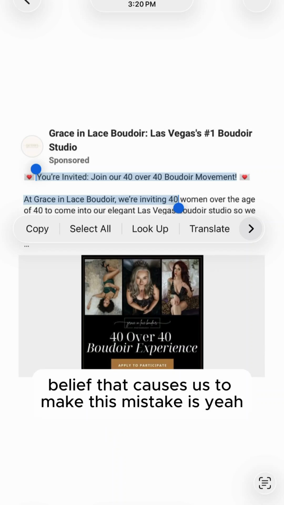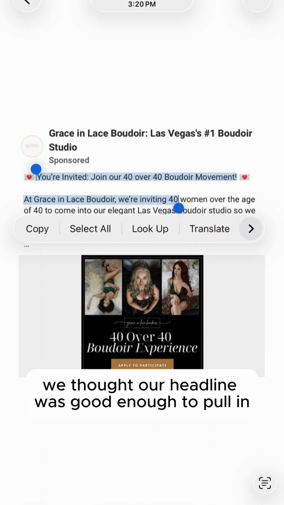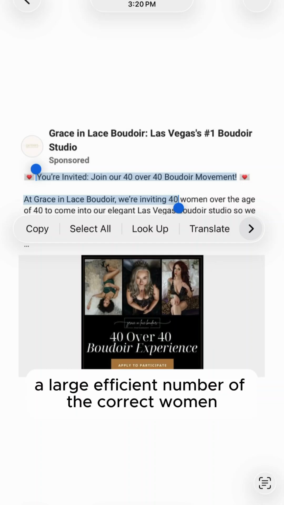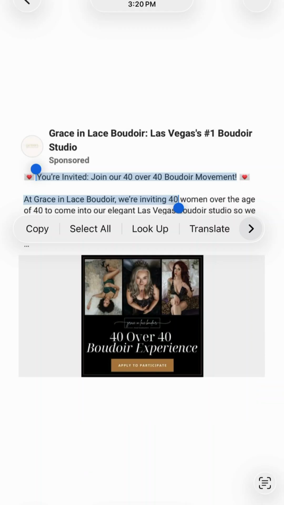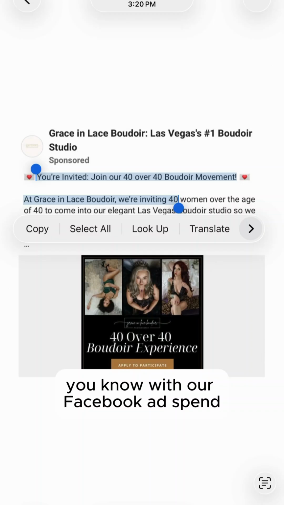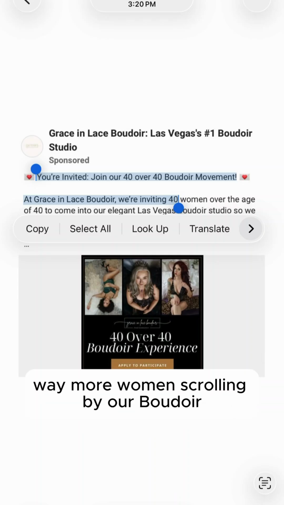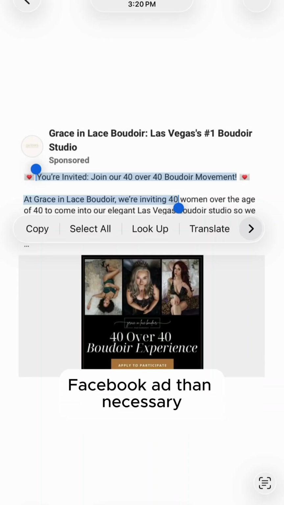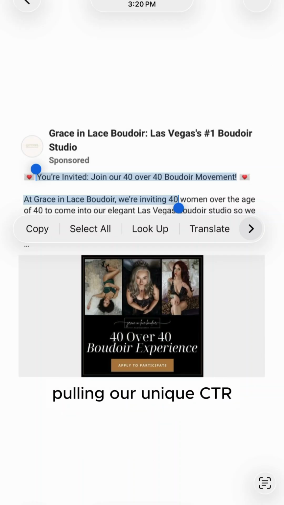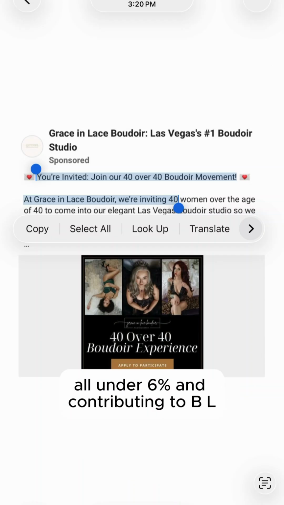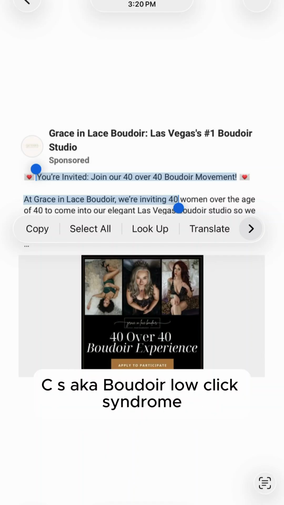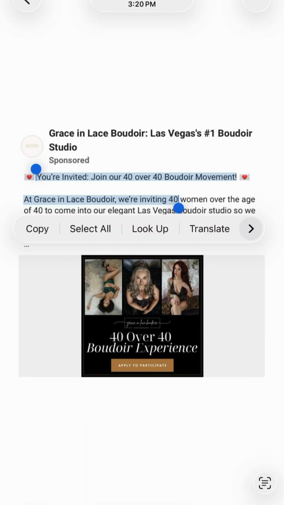So the false belief that caused us to make this mistake is, yeah, we thought our headline was good enough to pull in a large, efficient number of the correct women with our Facebook ad spend. But now the way this is being done, we're gonna have way, way, way more women scrolling by our boudoir Facebook ad than necessary, pulling our unique CTRL under 6% and contributing to BLCS, aka boudoir low click syndrome.